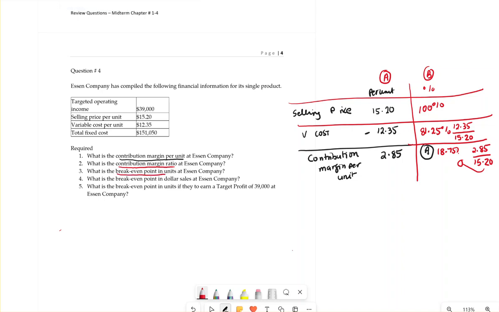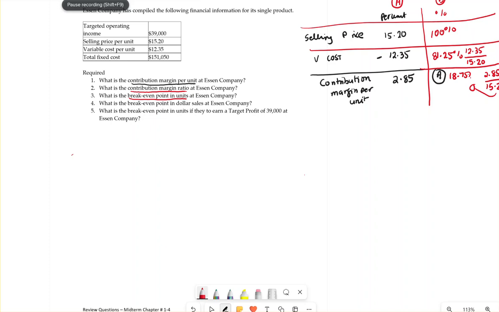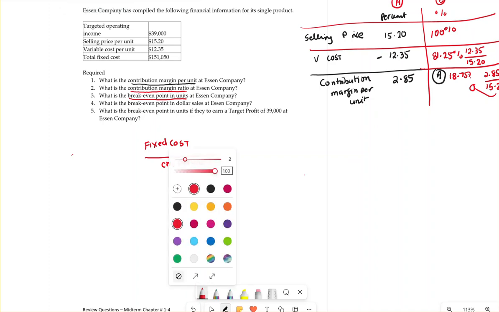What is a break-even unit? Break-even unit is where you recover your variable cost and you recover your fixed cost. So the formula is fixed cost, fixed expenses, divided by contribution margin per unit. If you need the break even in units, you divide by contribution margin per unit.